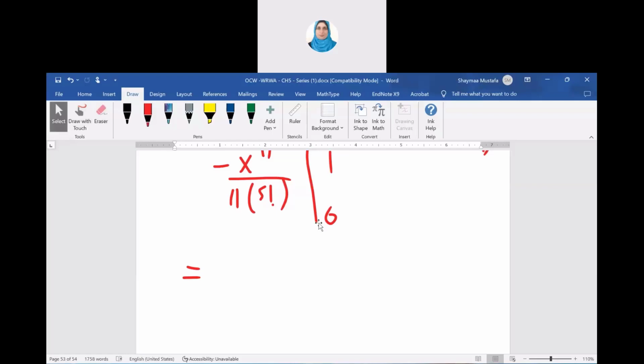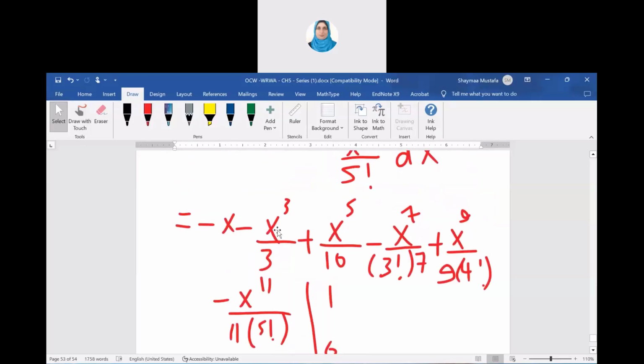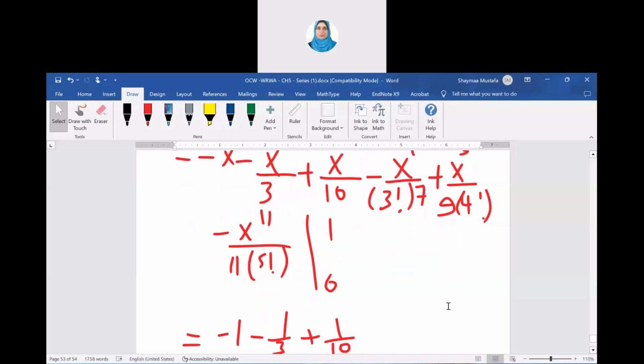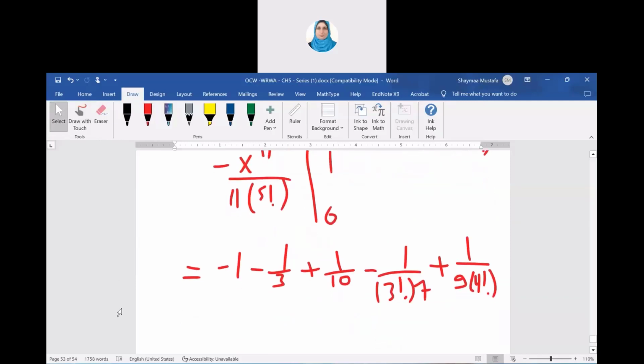So this is equal to minus 1 minus 1 over 3 plus 1 over 10, minus 1 over 3 factorial times 7 plus 1 over 9 times 4 factorial, minus 1 over 11 times 5 factorial.